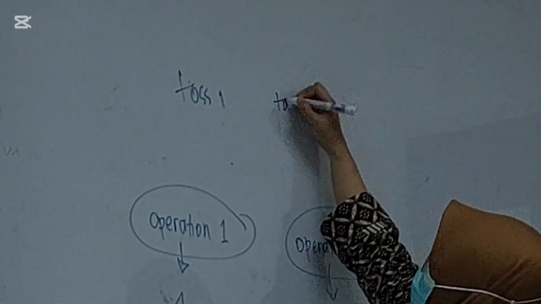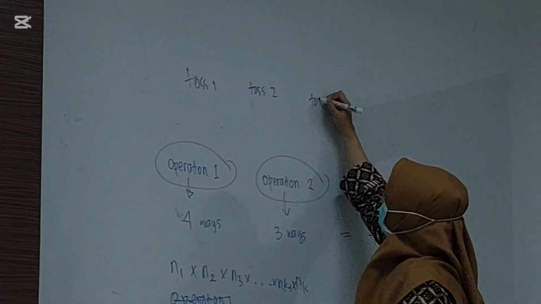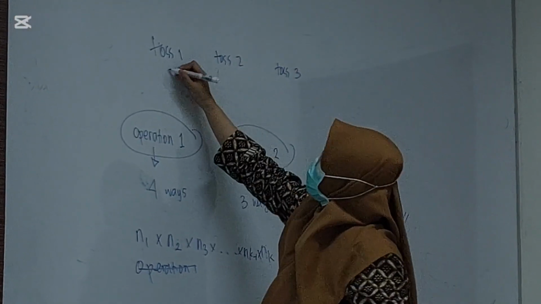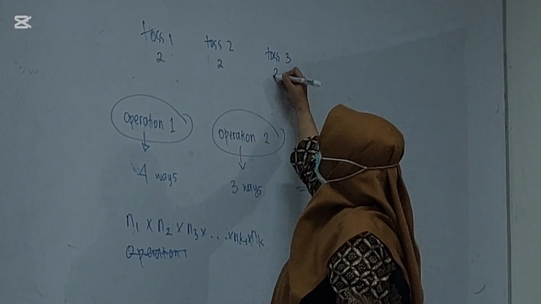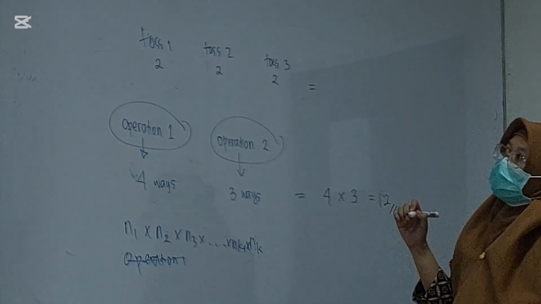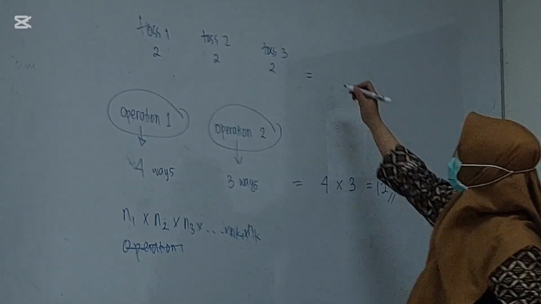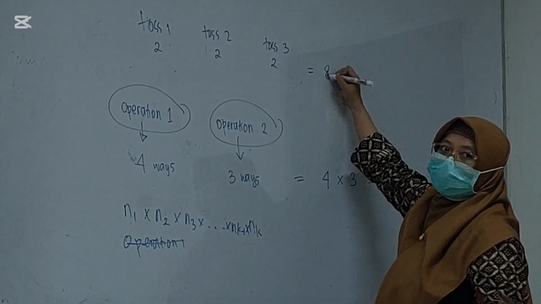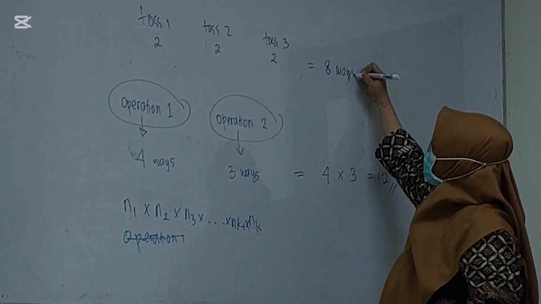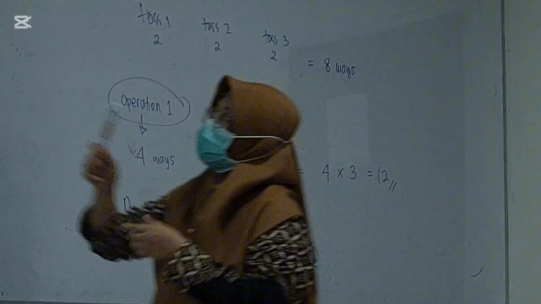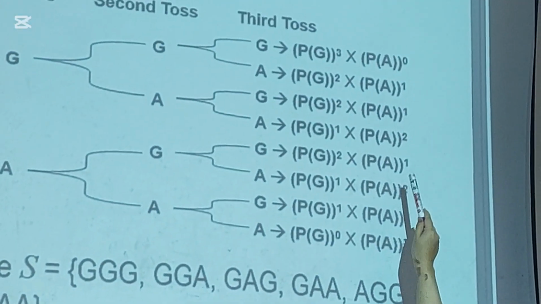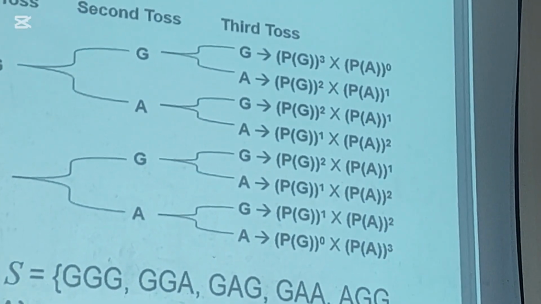So we have 2 times 2 times 2, 8 ways. Counting: 1, 2, 3, 4, 5, 6, 7, 8.